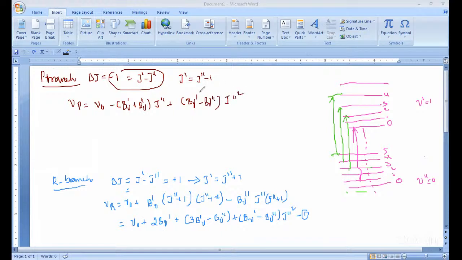This is the equation which I have written directly. This is what we call the P branch.